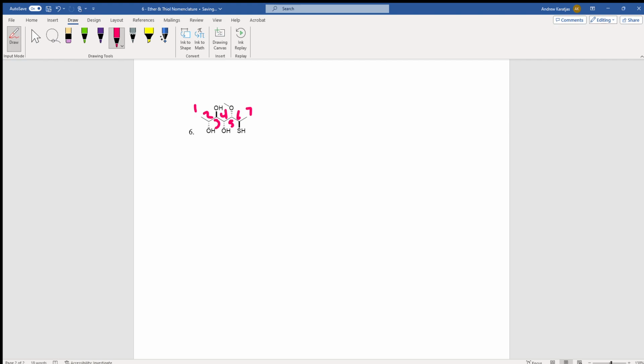So 7 carbon molecule makes this heptane. 3 different alcohols. So 2, 3, 4, because that's where those alcohols are. And then because there are 3 of them, triol.